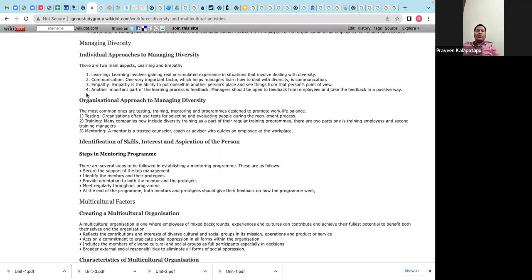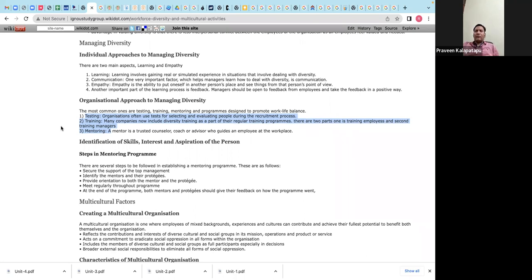Now coming to the organization approach. How do organizations approach diversity? They conduct multiple programs. One is testing, second is training, and mentoring. Certain work-life related design aspects would also be conducted.